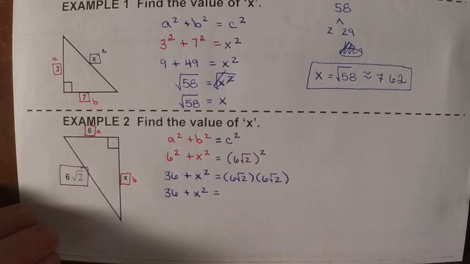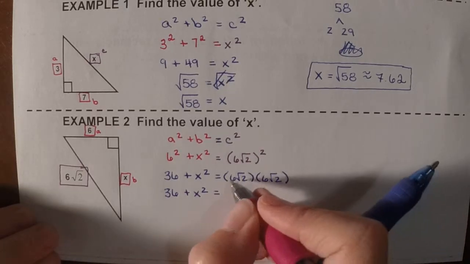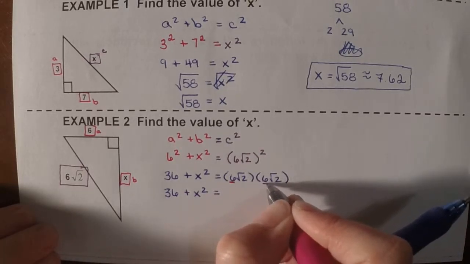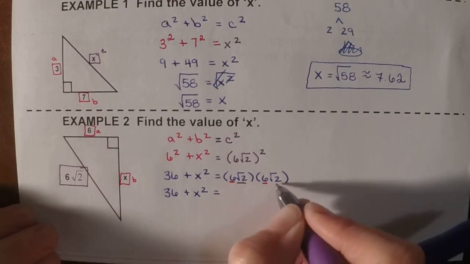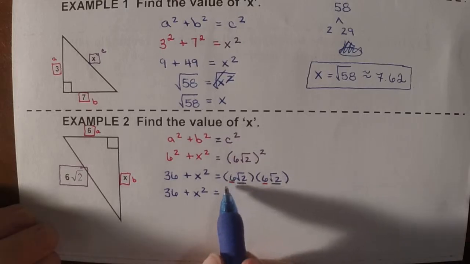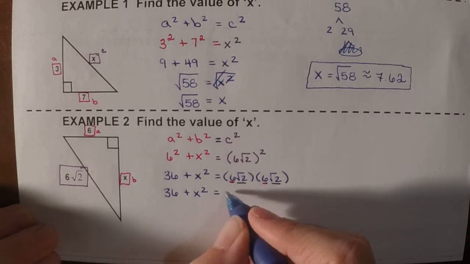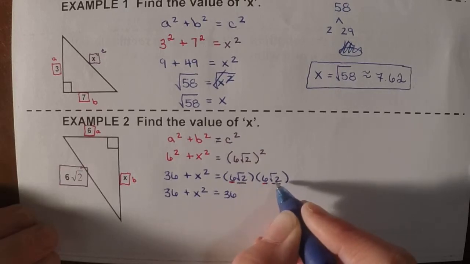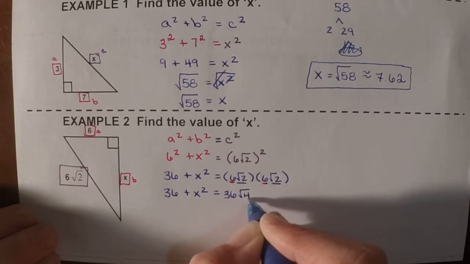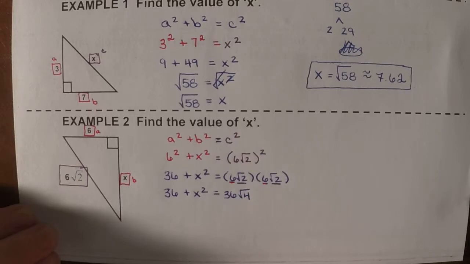Over here, remember we do whole numbers times whole numbers. So 6 goes with 6. And then root 2 would go with root 2. So 6 times 6 is 36. Root 2 times root 2 is root 4. So now I can simplify.